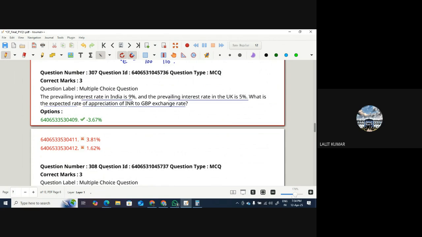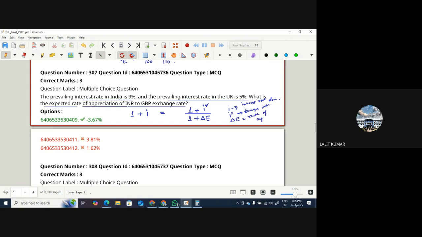So for this, the formula is 1 plus i is equal to 1 plus i star divided by 1 plus delta E. Here i is your domestic interest rate, i star is the foreign interest rate, and delta E is the rate of appreciation.